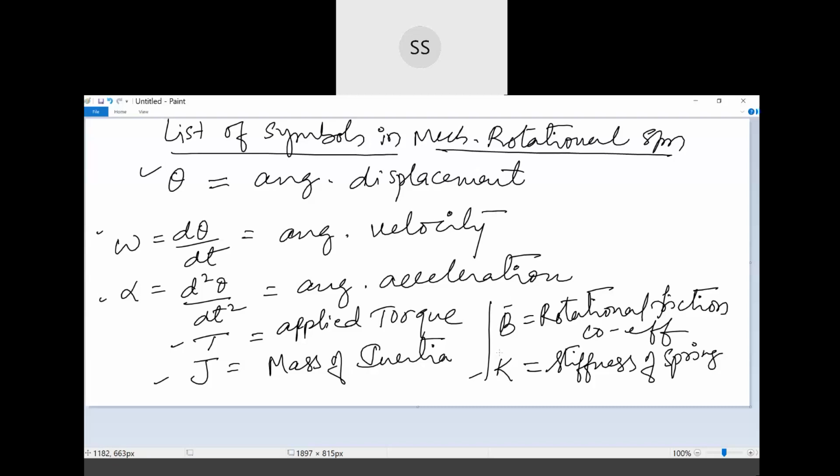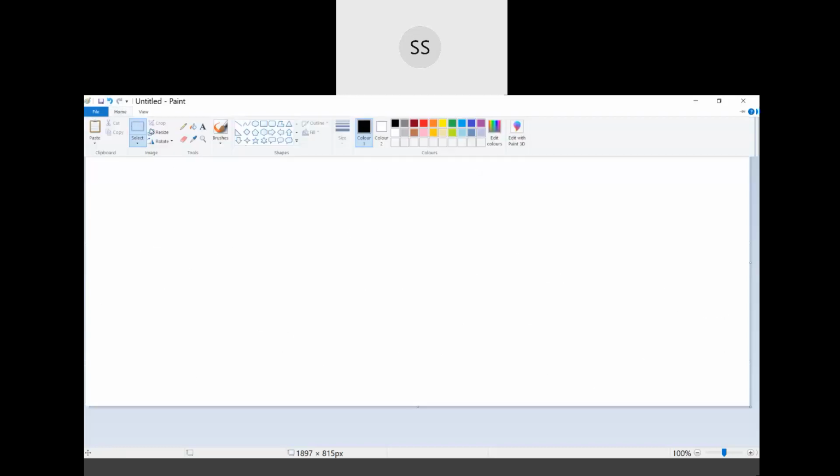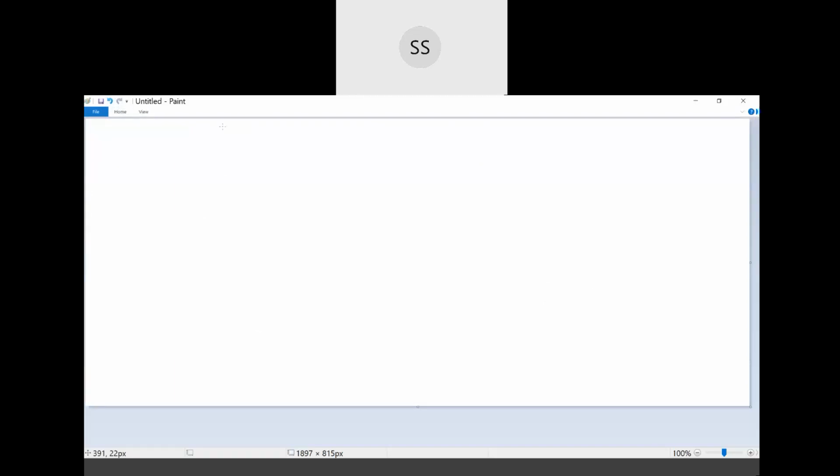Now collecting these, we can write a comparison, a table-like structure, or a summary for these two systems. Here I'm writing a table showing analogous elements.